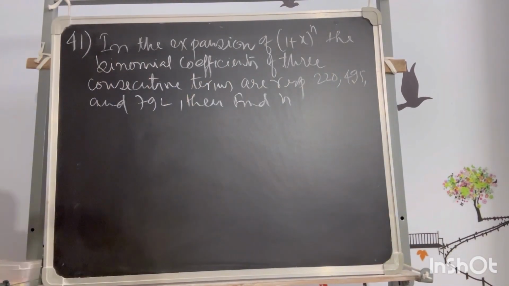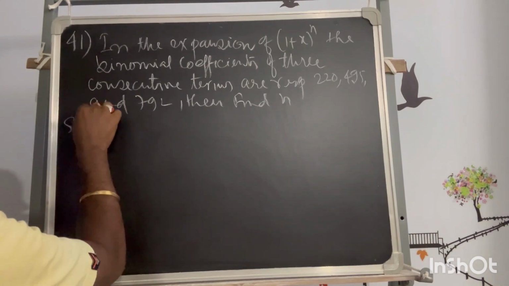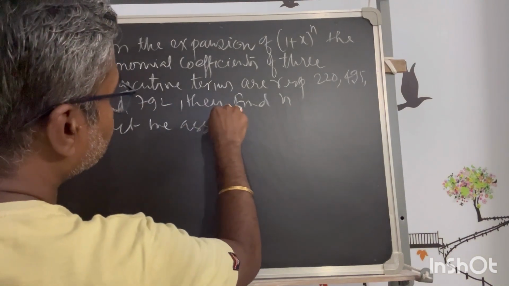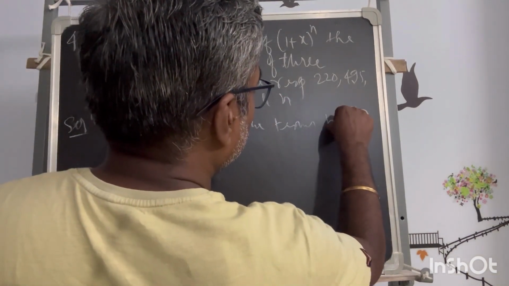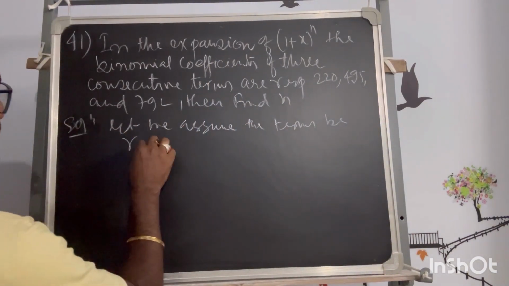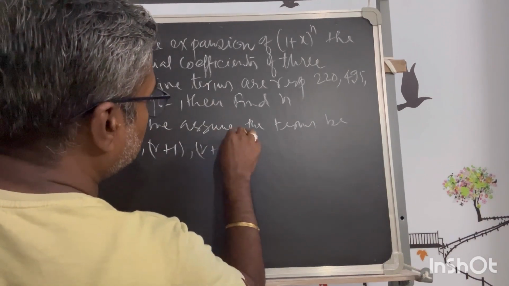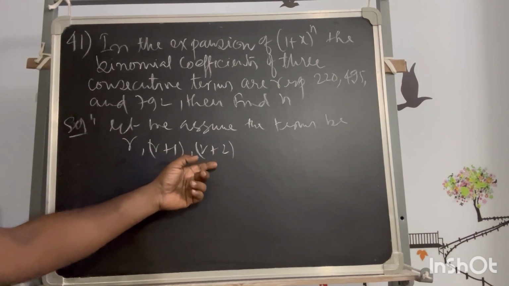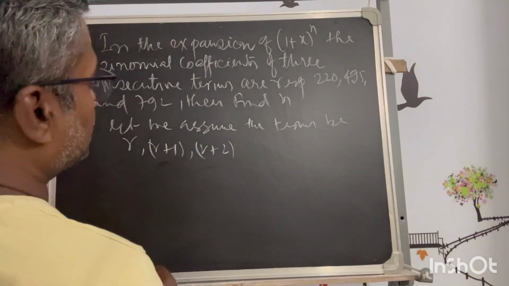Okay, so let me assume this is the solution. Let the terms be r, r plus 1 and r plus 2, since 3 consecutive terms are given. Starting from any term, the next term will be plus 1, and the next to that another plus 1.